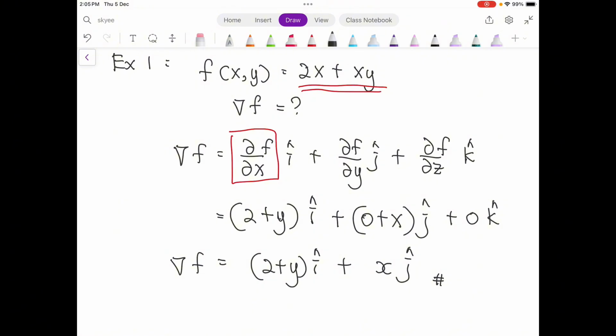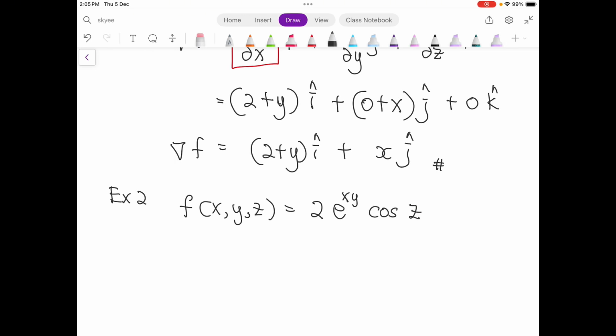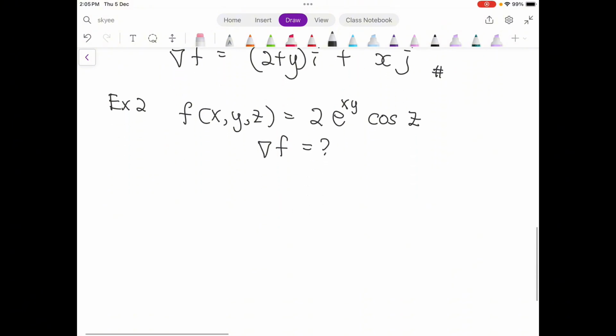Now let's look at the second example. That was example 1, now we look at example 2, finding the gradient also. We have a function of x, y, z: 2 e to the power xy cos z. You have to find the gradient of this function. We are going to apply the same formula.